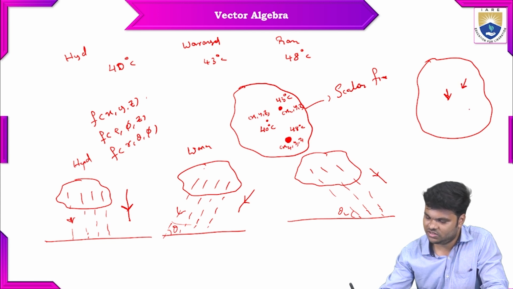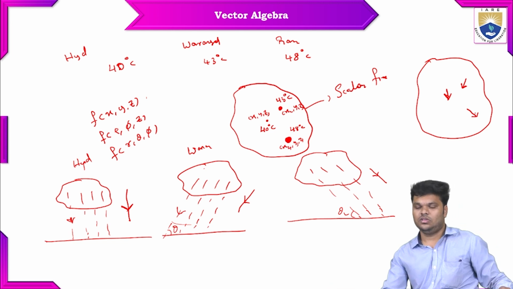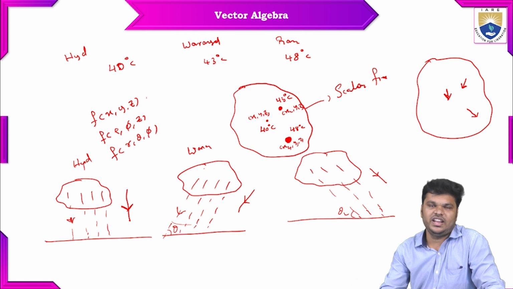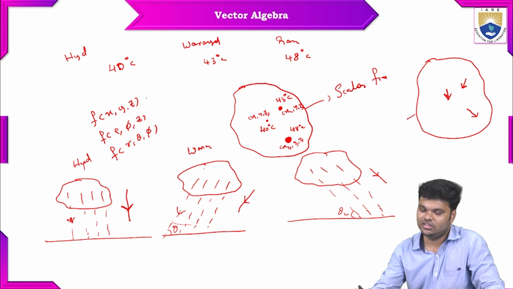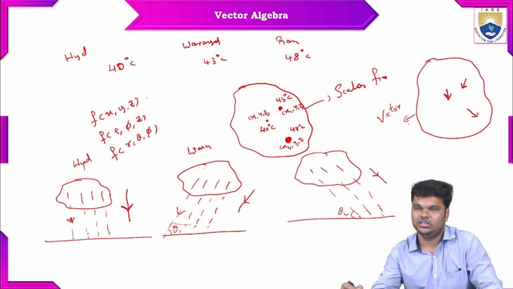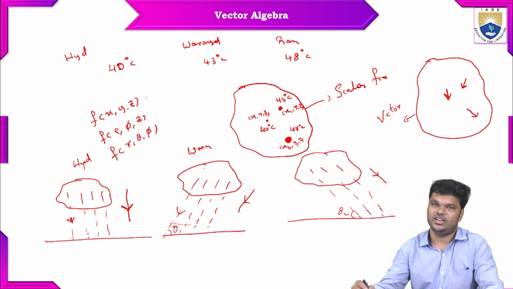Whereas in Ramagundam, it is like this. And this particular distribution is an example of vector field, because at any point in Telangana, we can define the velocity as a vector with some magnitude and direction. So that's why it's a vector field.